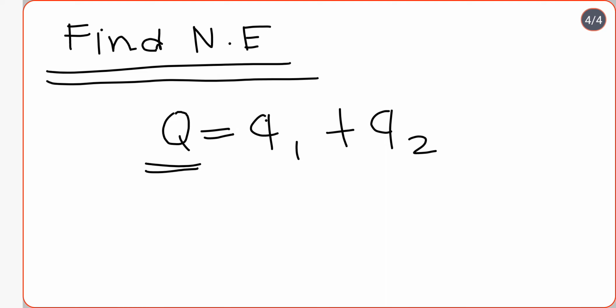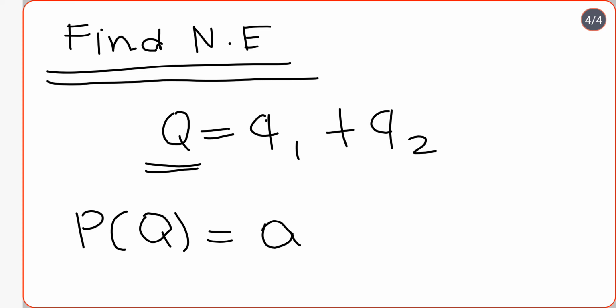Now price is a function of quantity, and price is basically a linear, negative function of quantity. As quantity increases, price will fall.